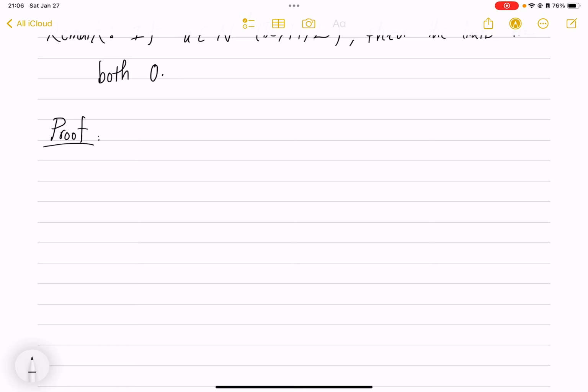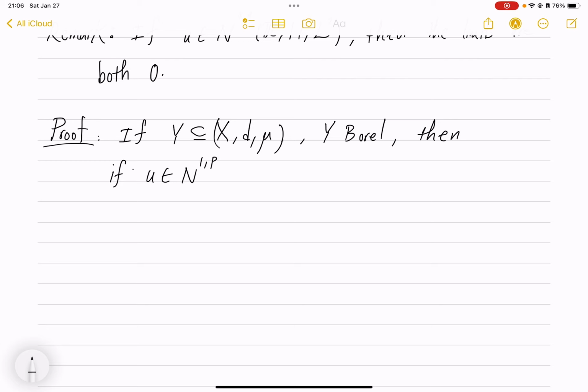So if Y is a Borel subset of a metric measure space, and you fix a function that is in N^{1,p} of X, then the restriction of u to Y, as it is, without any need for adjustments, will belong to N^{1,p} of Y. Because the upper gradient restricted to Y is still a Borel function on Y, and it still acts as an upper gradient. Integrability just goes through and everything.